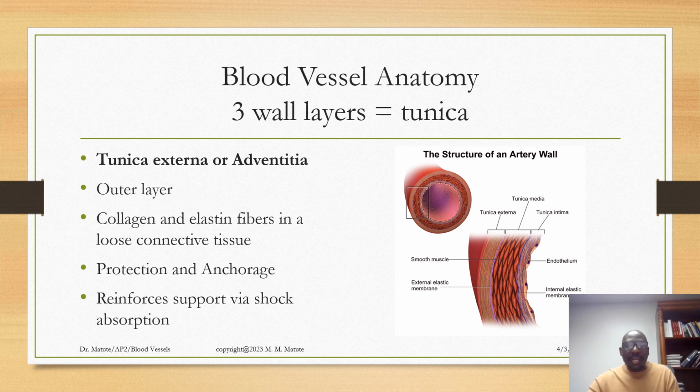Look at the anatomy of blood vessels. A normal vein or a normal artery has three wall layers, and the layers are called tunicas. The outer layer is called the tunica externa or the adventitia.